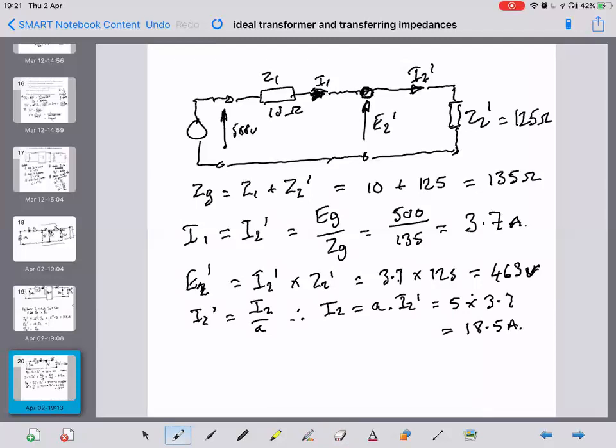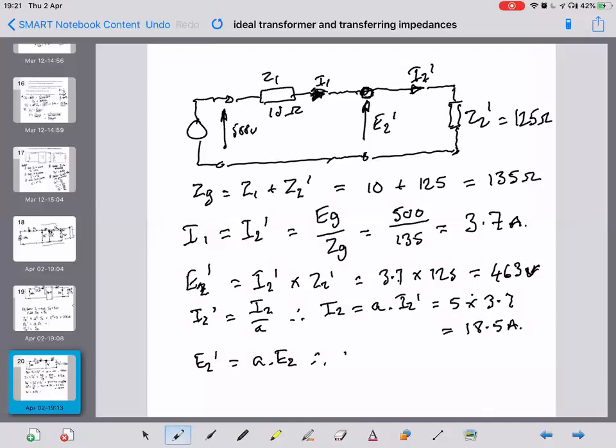Agreed? Yep. And then we also said that E2 dash was A times E2.